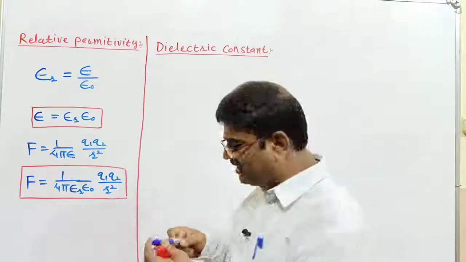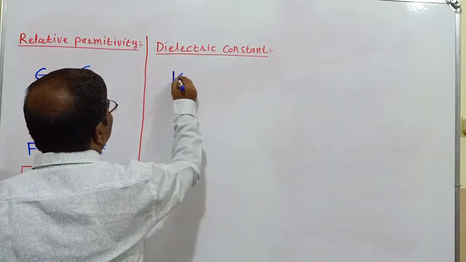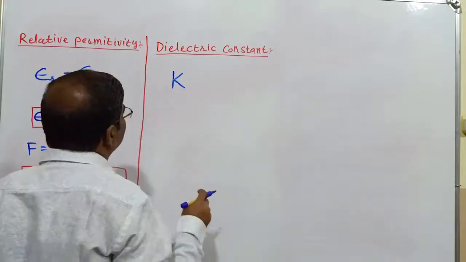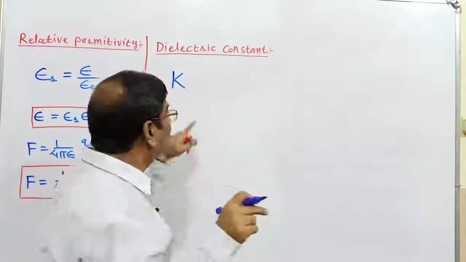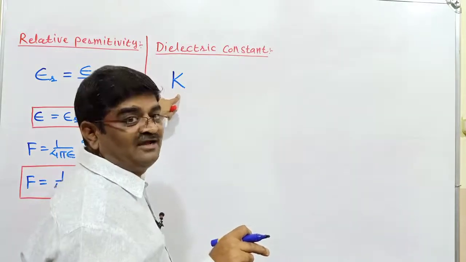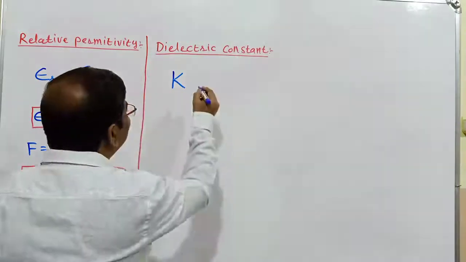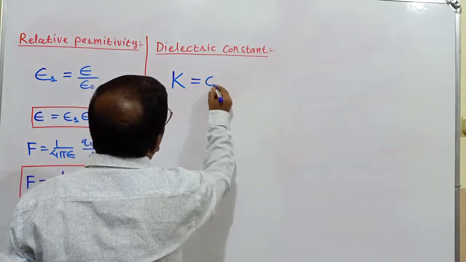So I can write the dielectric constant as K. See, the earlier K and this K are different; the earlier K I had written was 1 upon 4 pi epsilon 0. This capital K refers to the dielectric constant. And as I mentioned, dielectric constant is nothing but relative permittivity.